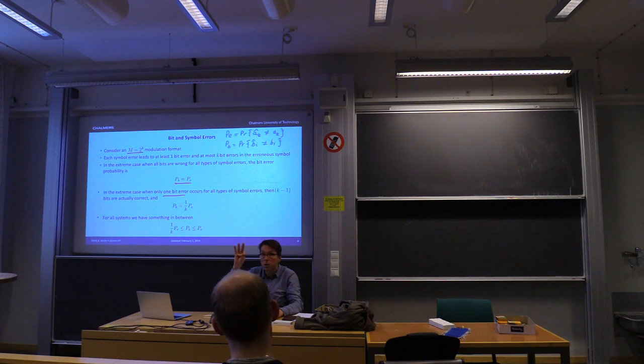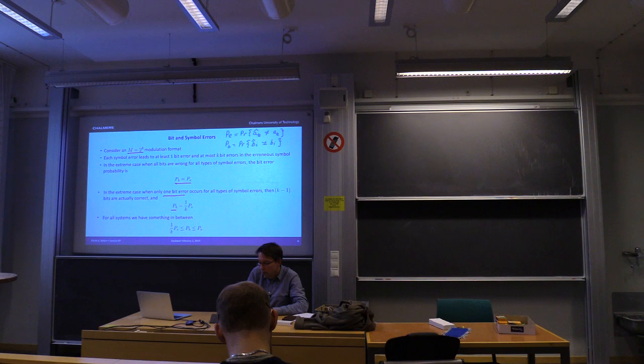If no symbol errors, all bits survive. If there is a symbol error, 3 out of 4 survive. So then the bit error probability is actually only 1 over the number of bits per symbol, multiplied with the symbol error probability, like this.